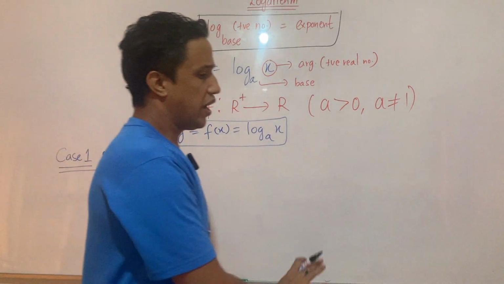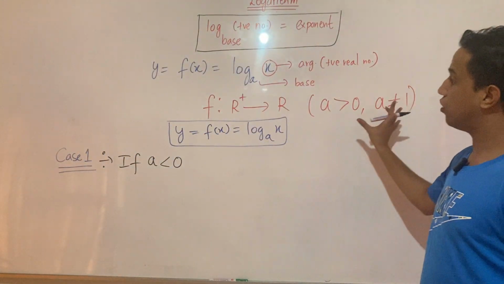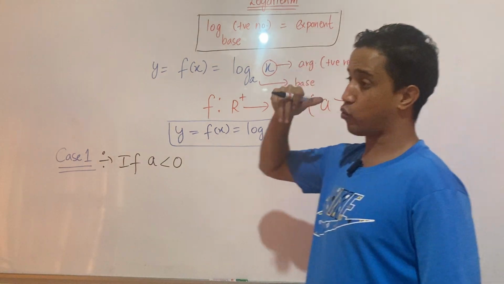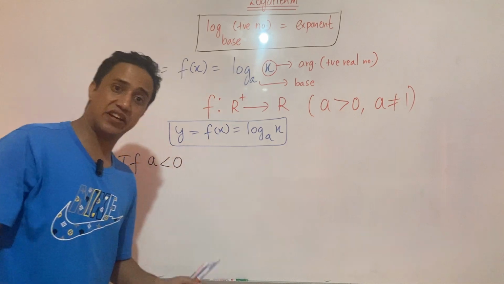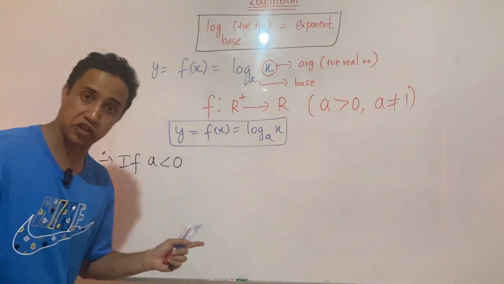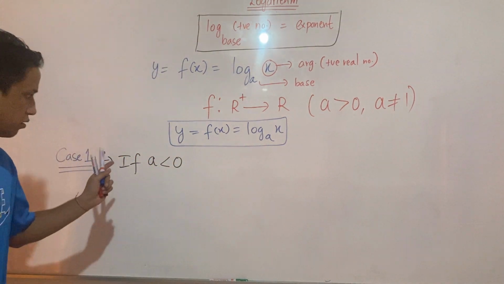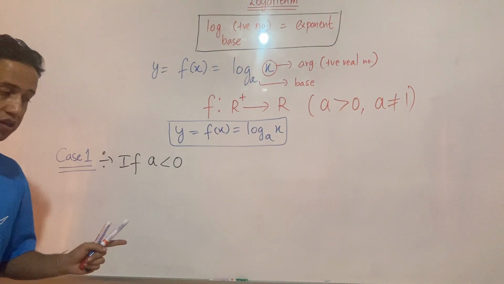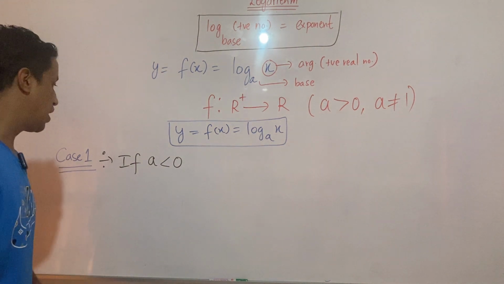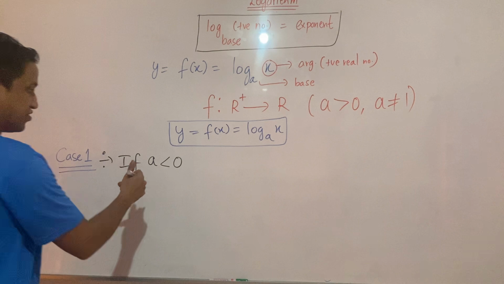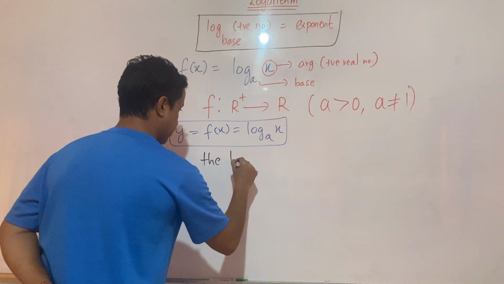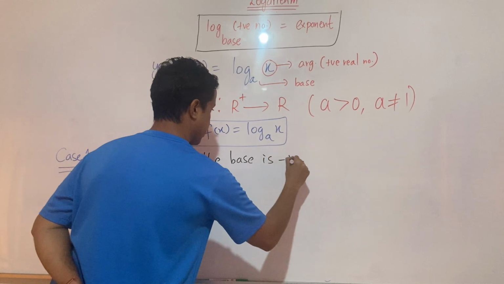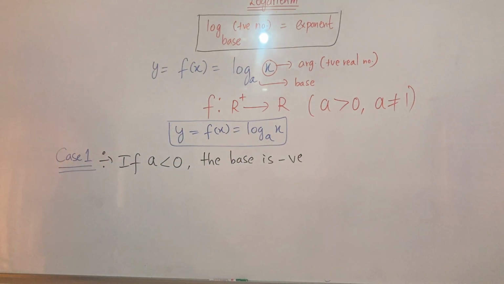Now if you remember, we defined all these conditions when we did exponential functions. But if you do not have any prior knowledge of exponential functions, we can define it here too. So if a is less than 0, what does it mean? It means the base is negative, right?